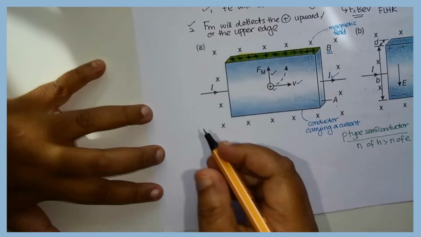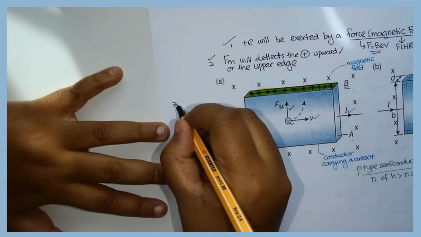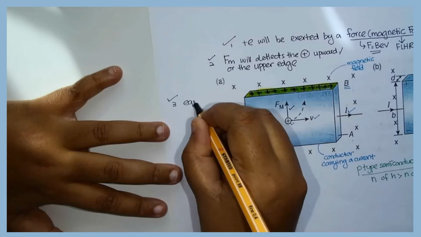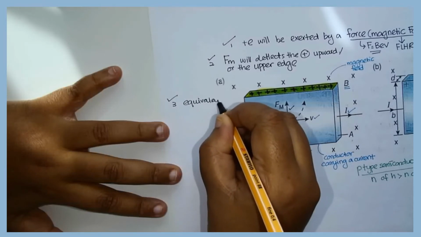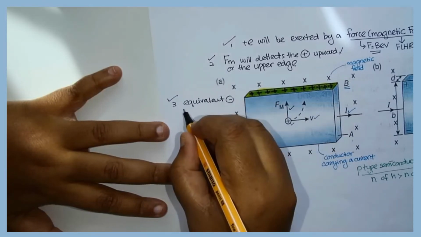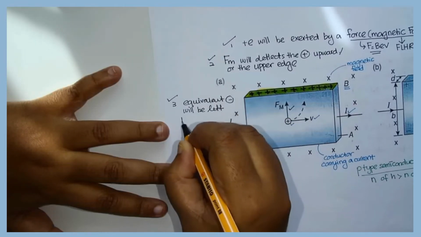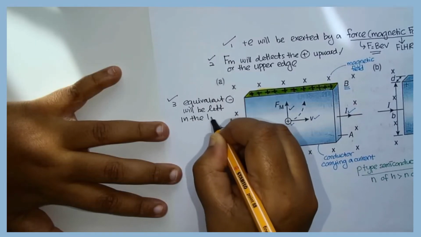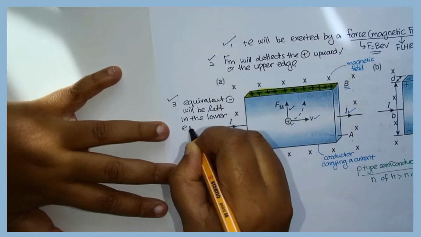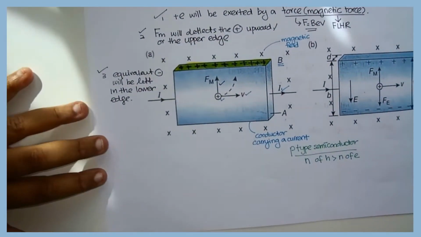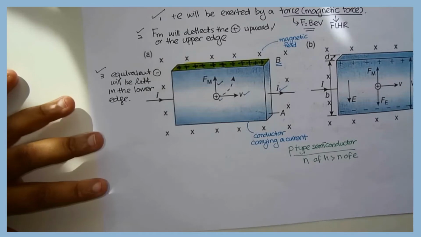So I can put number 3 here. Equivalent negative charge will be left in the lower edge. So in this lower edge we will have what?